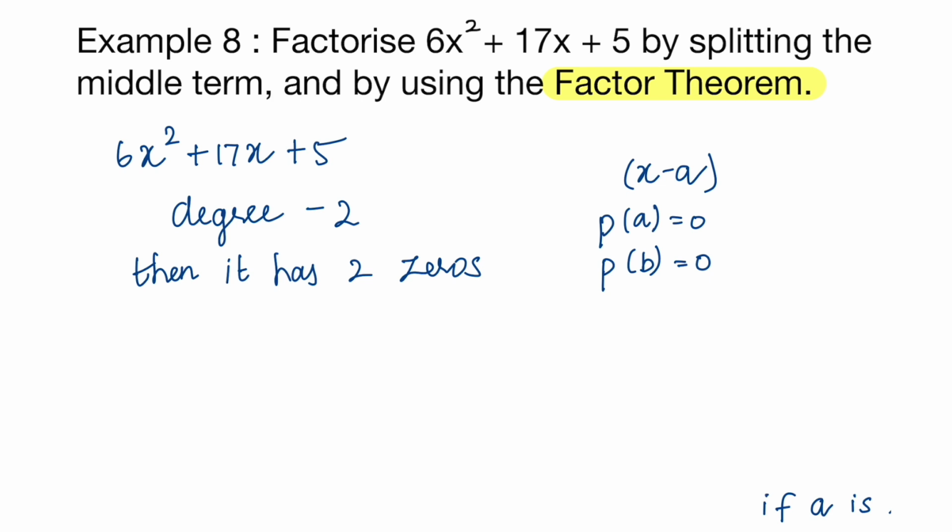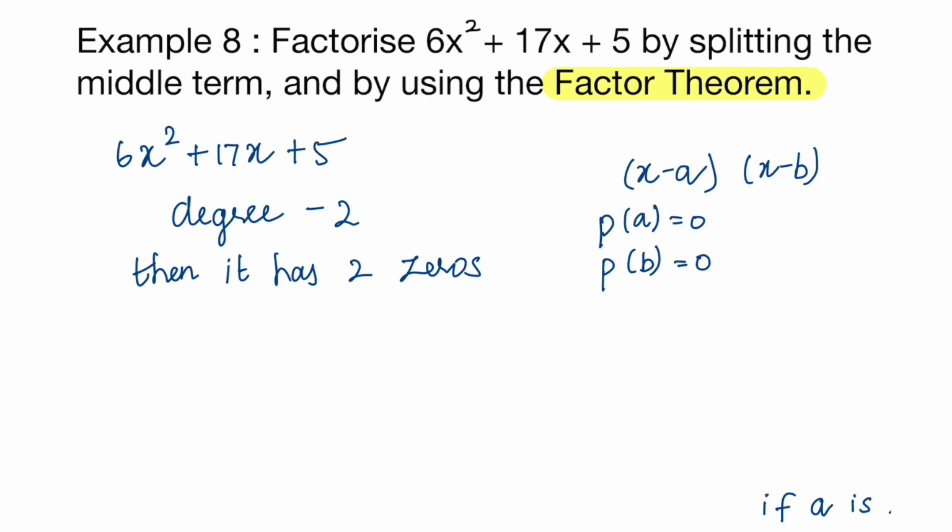So there can be 2 zeros, 2 values that when substituted bring the value of the entire polynomial to 0. So P of B can also be 0. So for another value also the polynomial becomes 0. What that means is there can be another polynomial like x minus b that also can be a factor.